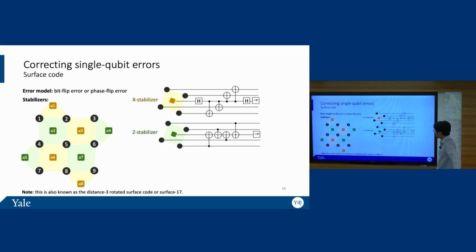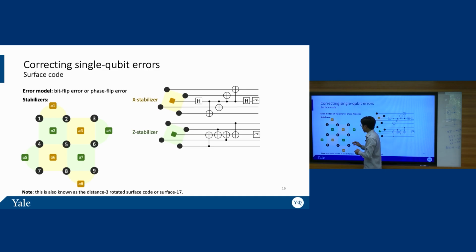Okay, with that in mind, I'm going to now quickly introduce something called the surface code, which is essentially a larger instance of the 4-qubit code. As you can see, I'm defining the stabilizers of this new code in a similar way as I defined the 4-qubit code. I'm laying out the physical qubits in a grid, in this case a 3x3 grid, and I'm performing my checks of neighboring qubits using ancilla qubits.